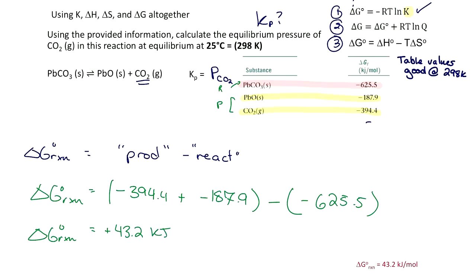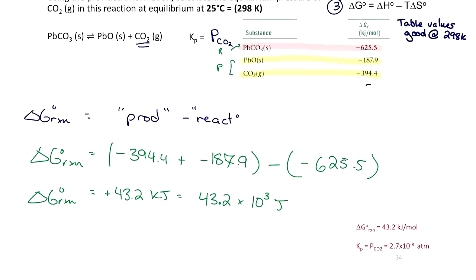So now we have the piece of information we need for that first equation to calculate K, the equilibrium constant for this reaction. Do note that the unit of R is joule per mole Kelvin, so it's best if this delta G value is also in joules. So instead of kilojoules, it's best for us to convert that into joules before we plug it into our next equation.